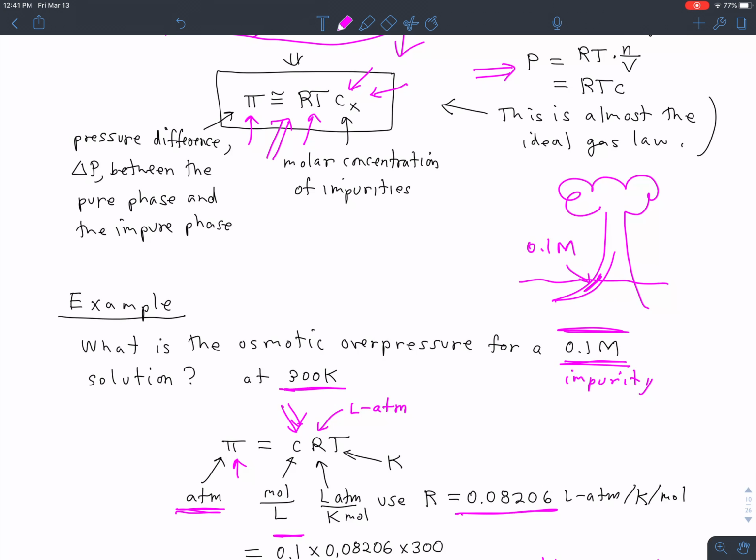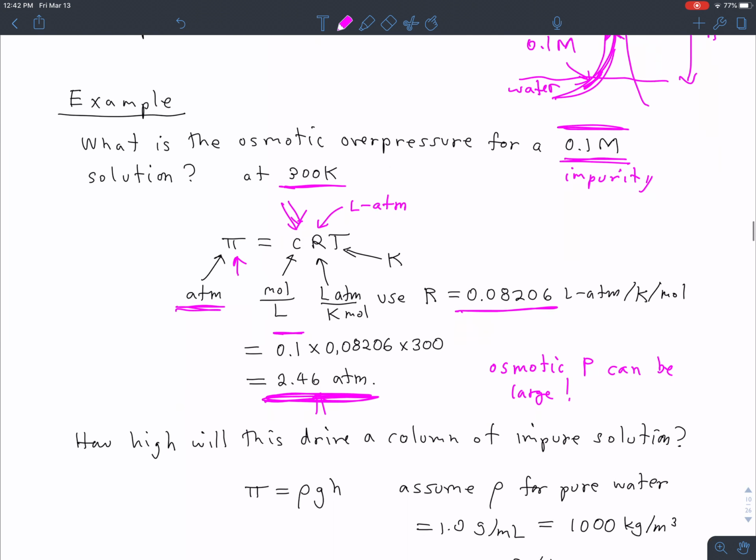And now I have pure water out here. The tree roots have a semi-permeable membrane in them, and so there's going to be an osmotic pressure difference that will drive sap up into the top of the tree. How high can the tree be before the osmotic pressure difference won't do it anymore? That's what we'd like to know.